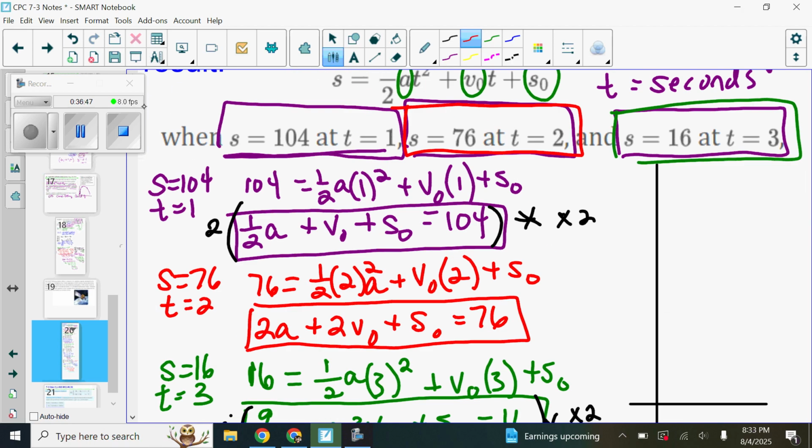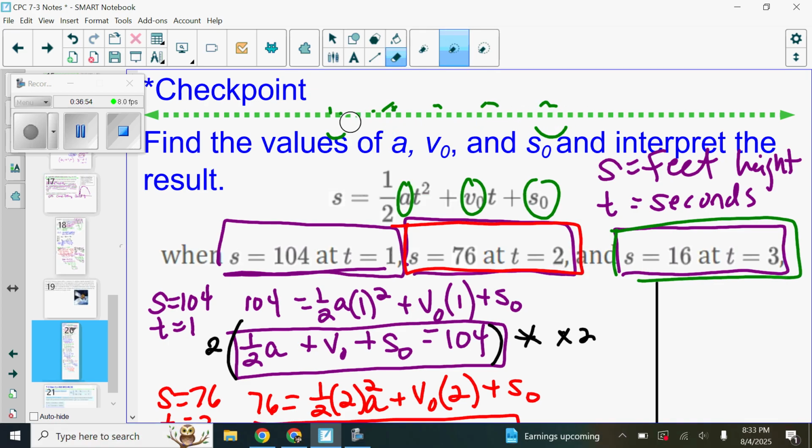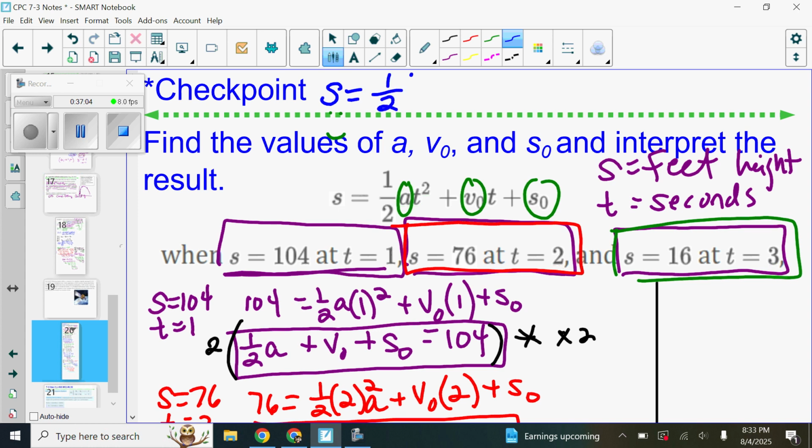So what would it be after more period of time? We just figured out the A, the V0, and the S0. I'm going to write it up top here so we can see it. The position of this particular object when it is flying is 1/2 times our A, which ended up being -32, times T squared, plus the V0, which was 20, times T, plus our initial starting height, which was 100.